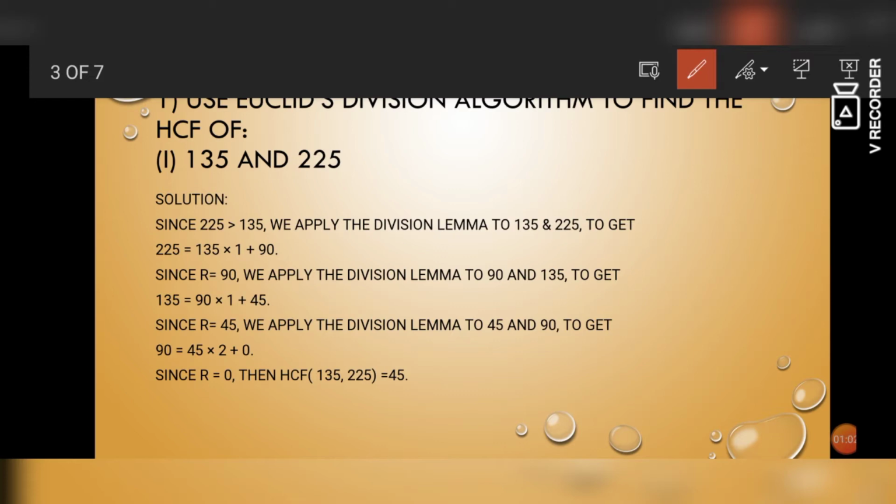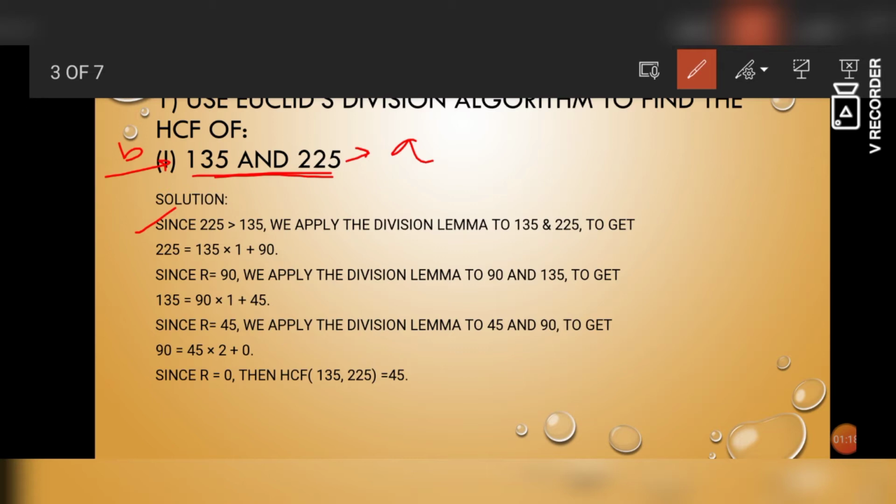Here, between 135 and 225, 225 is greater, so we will take 225 as A and 135 as B.